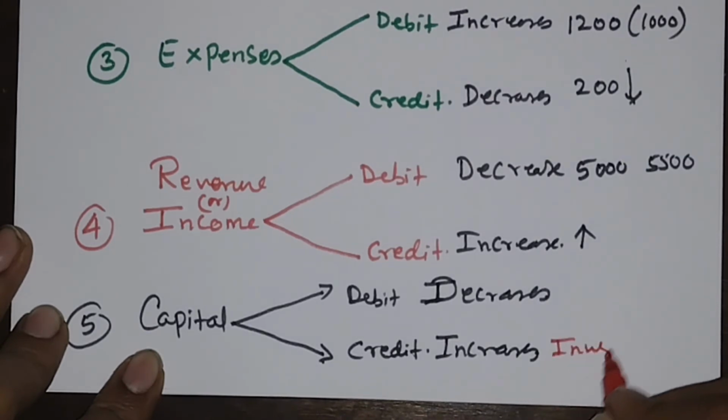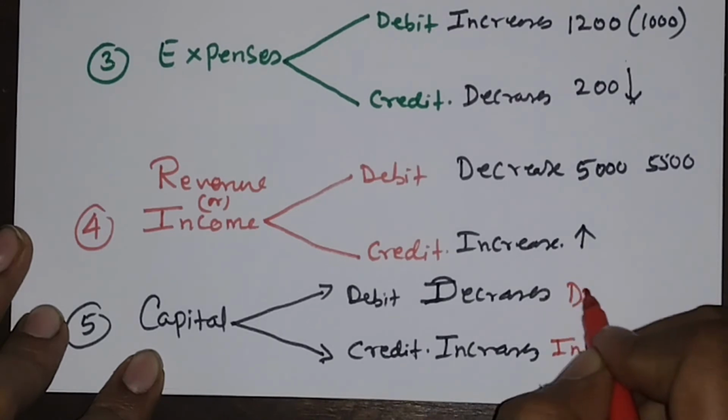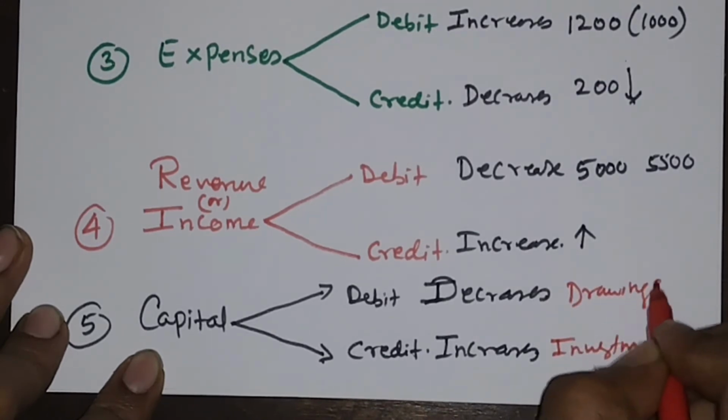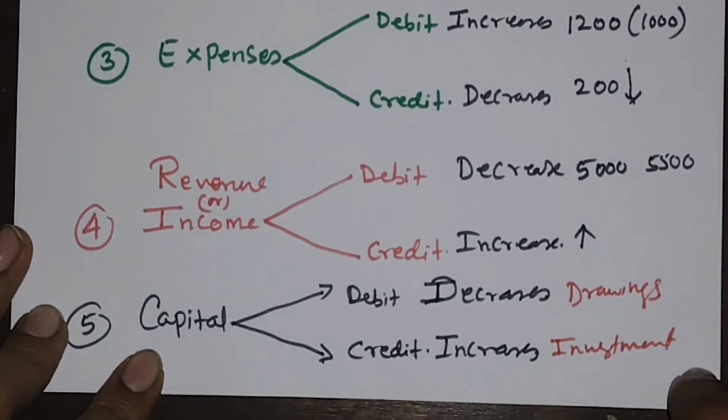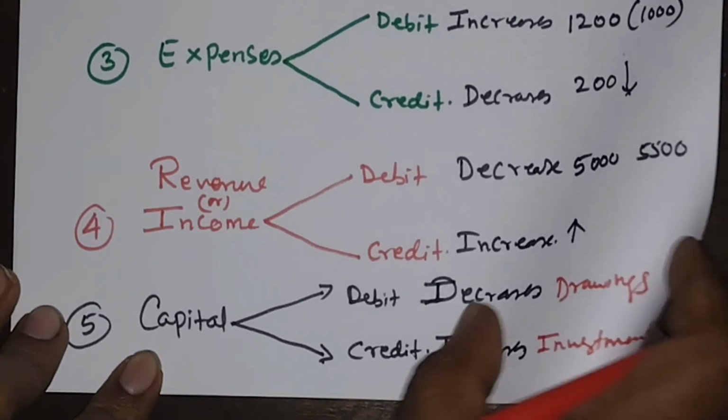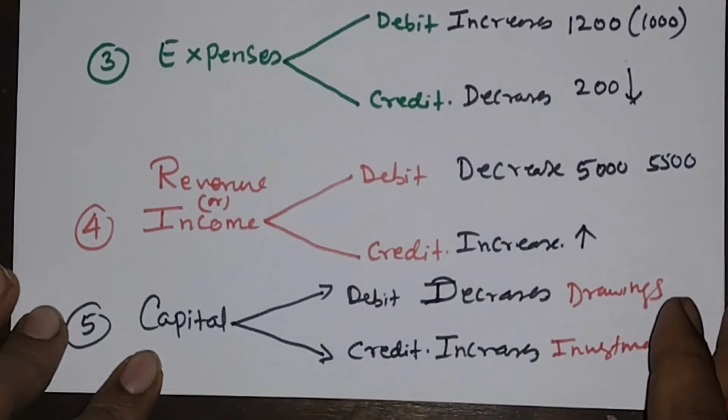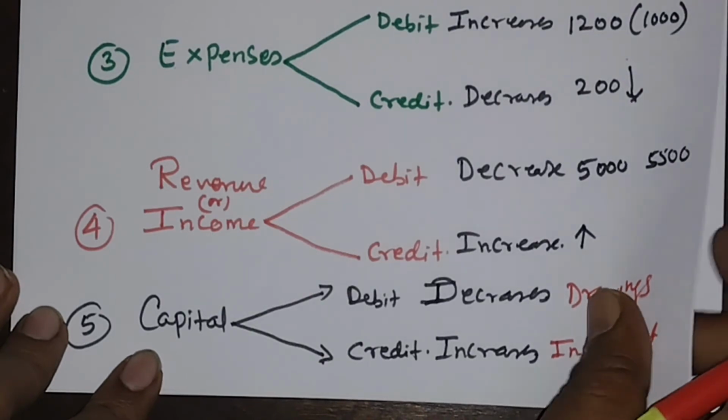The capital investment is credit, and if drawings are made from the business, then definitely the capital value decreases. This is the example, and the same explanation is given once again to make you understand.